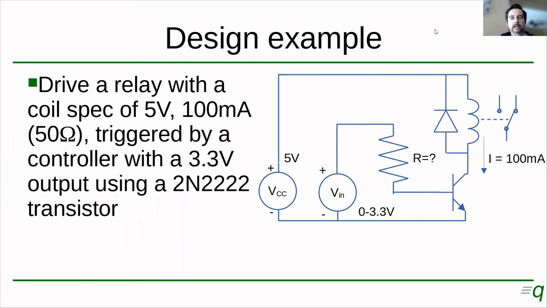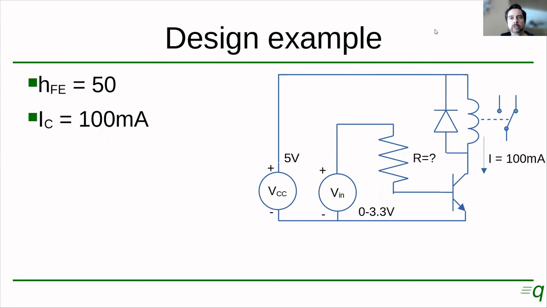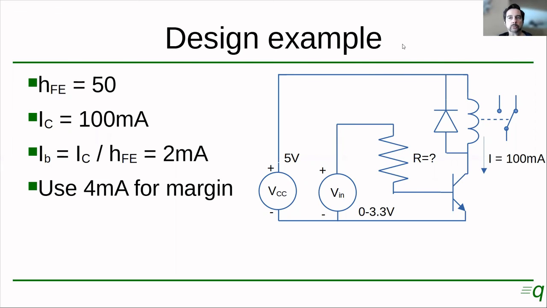So let's see how everything that we learned on the previous slide would apply to this circuit. We will consider an HFE, or DC current gain, or beta of 50, and we know that the collector current is 100 milliamps. If we calculate the base current, that's going to be the collector current divided by HFE, and that's 2 milliamps. But we want to have some margin, so we will use 4 milliamps.